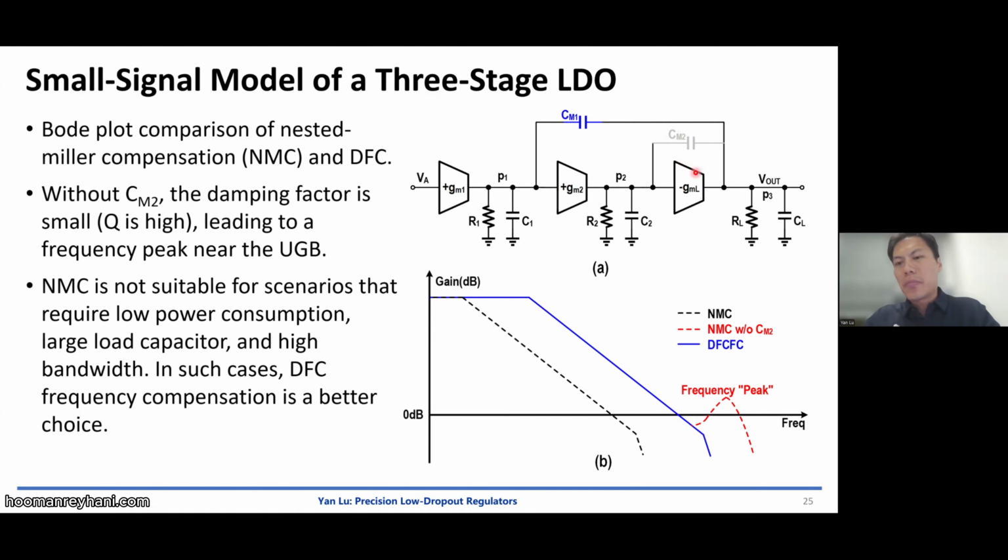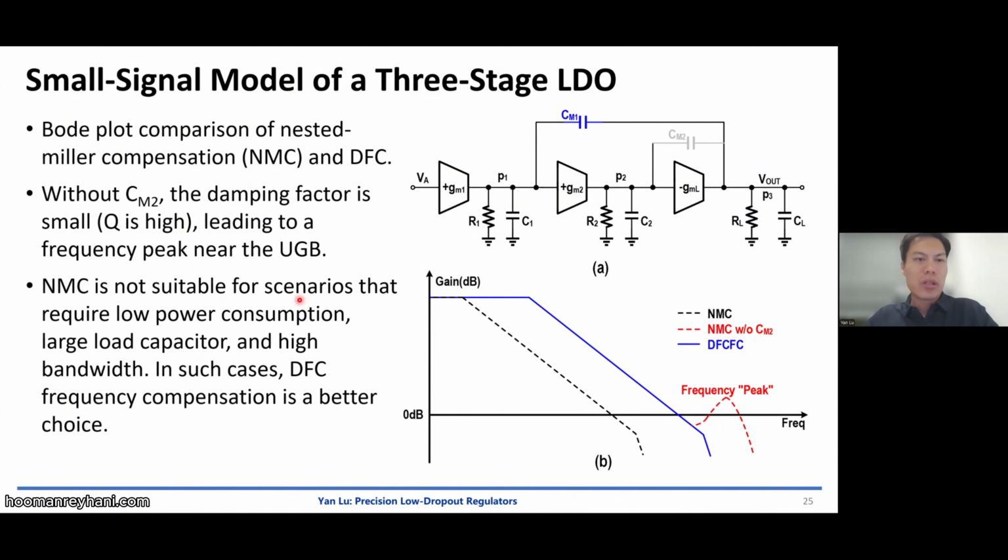If we don't have CM2, which means we don't have the nested Miller compensation, the two non-dominant poles will be very close to each other, and then we will see frequency peaking. The idea of damping factor control is to use in the scenario with low power consumption, large load capacitor and high bandwidth.